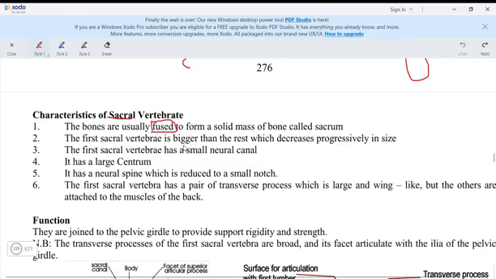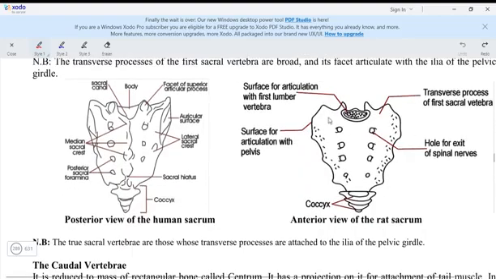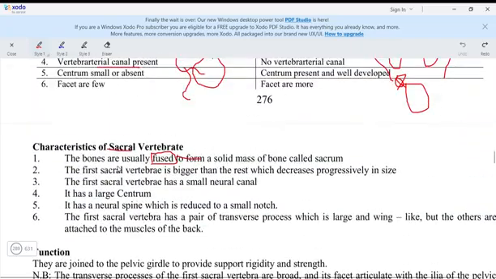So the sacral, they form fused bones, and they have a solid mass bone called sacrum. So they come together and form just one. You can see them here. So these are actually different bones forming sacrum. This is a bone, a bone, a bone, so all of them together as one. So they are actually fused together.